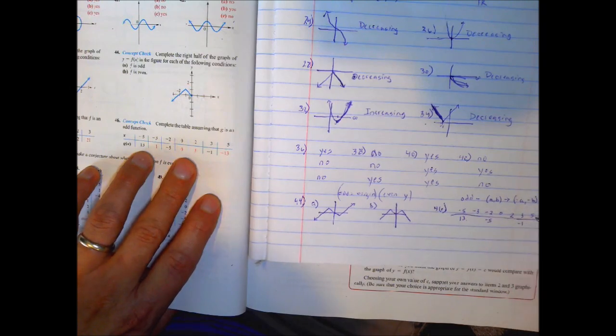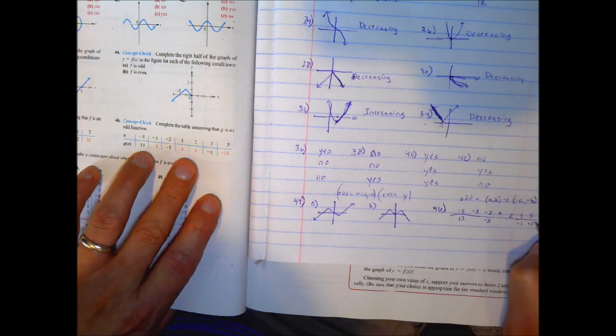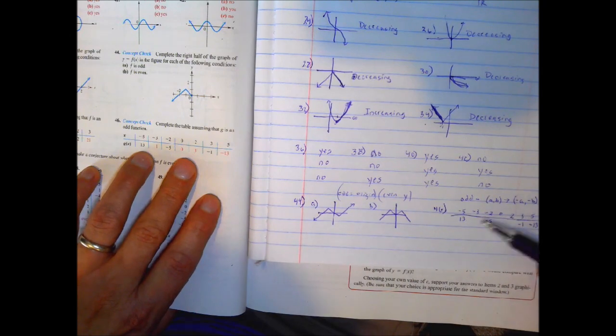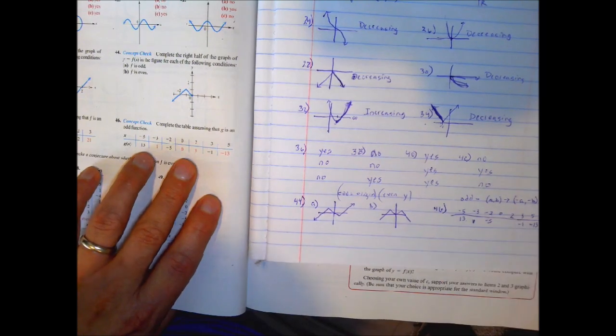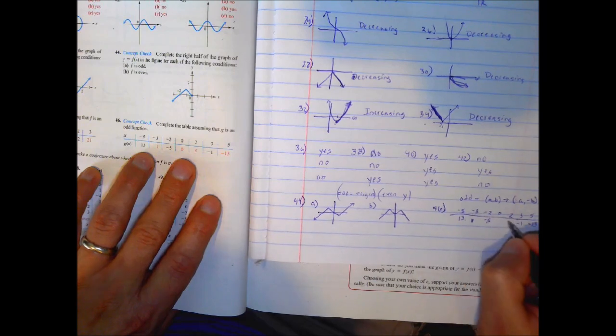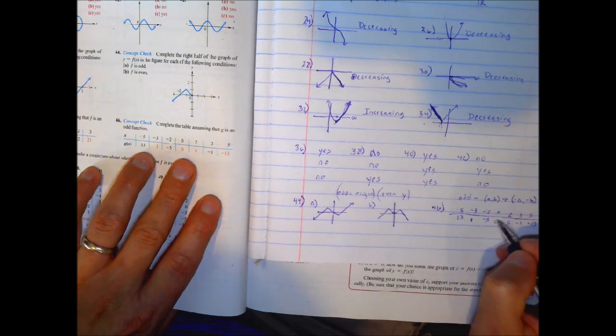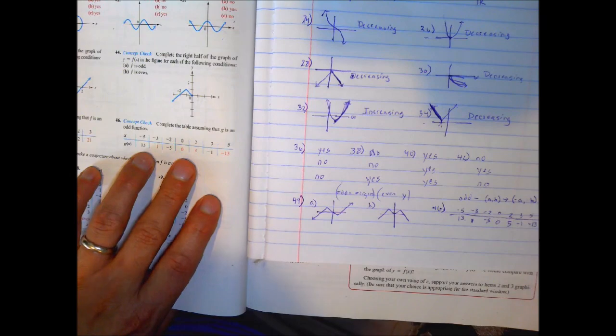So 5 and negative 13 would have to be on there. Same thing here. If 3, negative 1, the opposite of both would be negative 3, positive 1. Negative 2 would be 2, and the opposite would be 5. And 0 would just be at 0, 0.